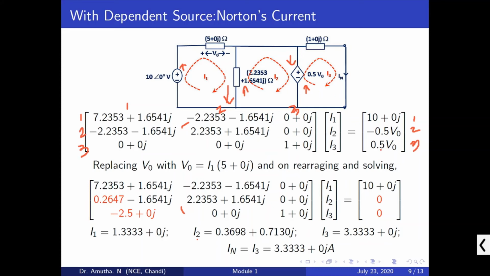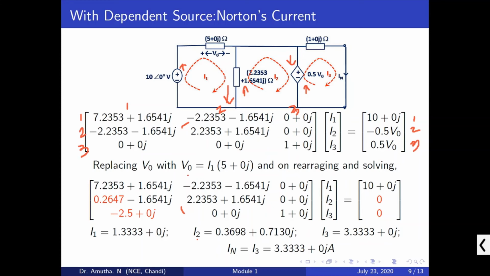Here we have to note that previously there was only one V0 coming across this one. Because of this third loop, we have another voltage also, a dependent element also included in this equation, right? So as I have already told, we have to write the equation for the dependent source also.